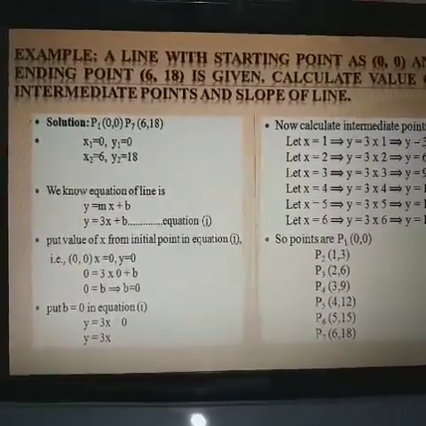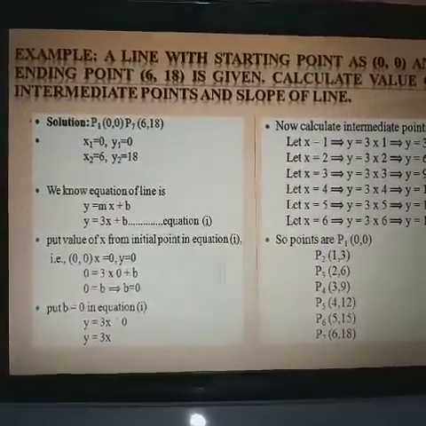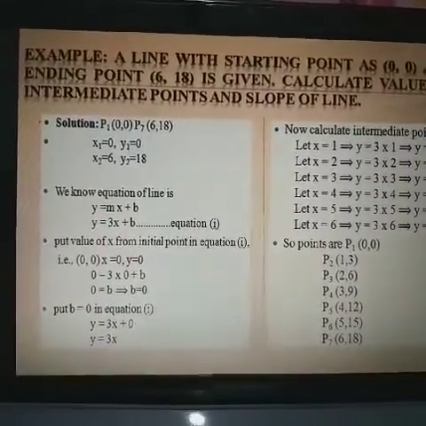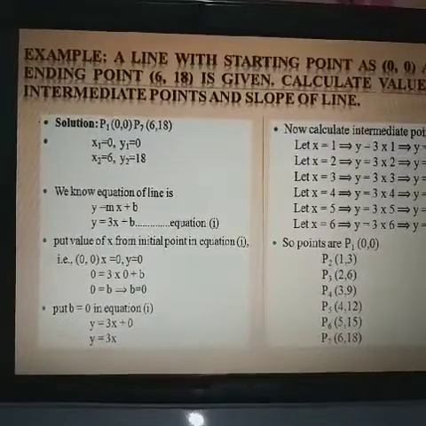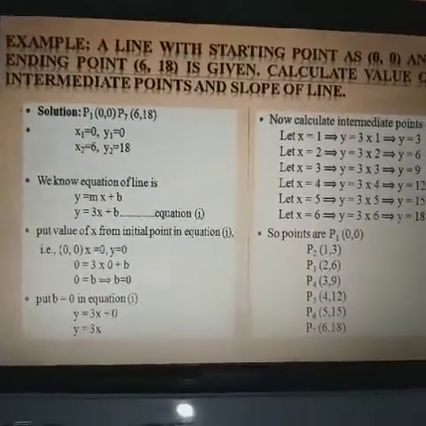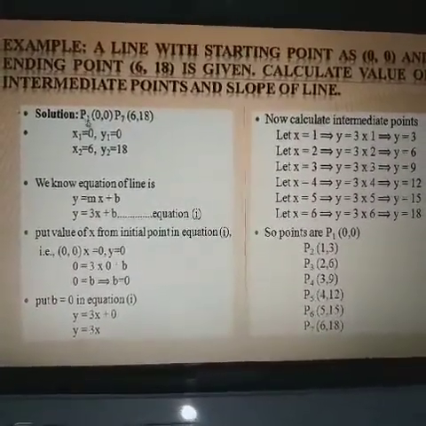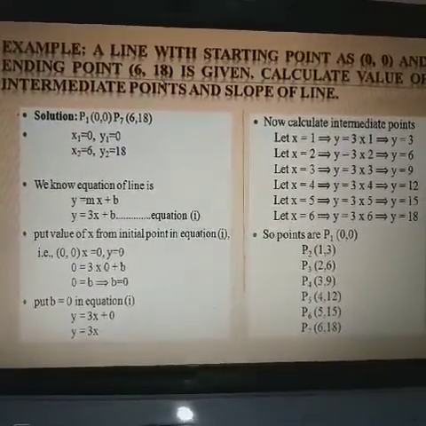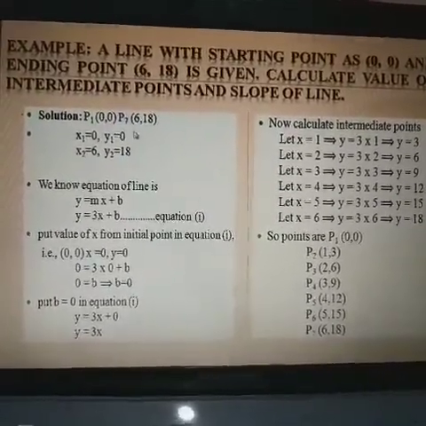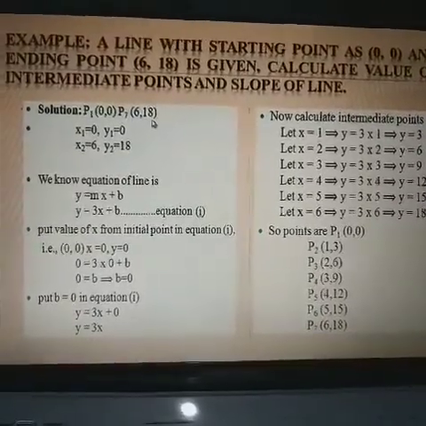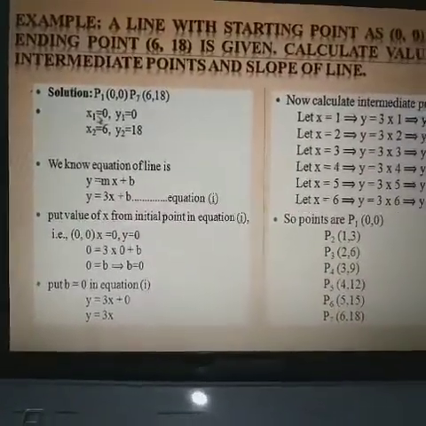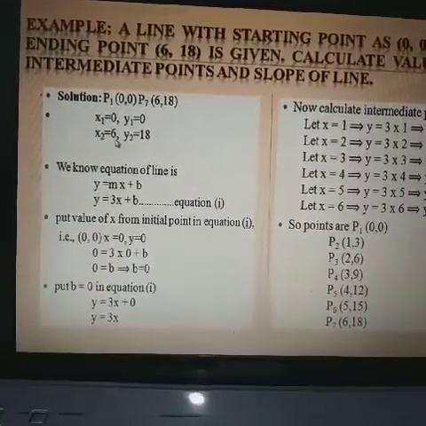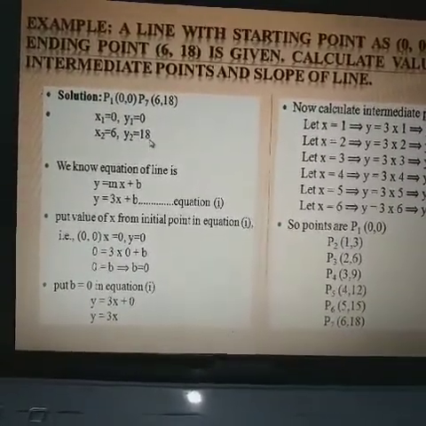We need to calculate the intermediate points, which points come in the line, and calculate the slope of the line. It is a simple question which we have done in mathematics class also. The first point is 0, 0 and the ending point is 6, 18. So x1 equals 0 and y1 equals 0, and x2 equals 6, y2 equals 18.